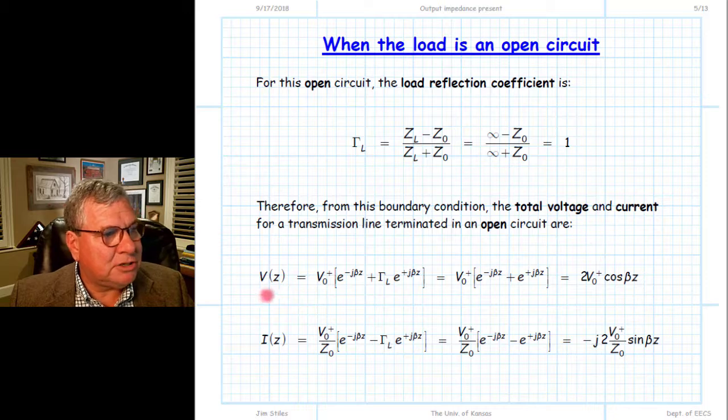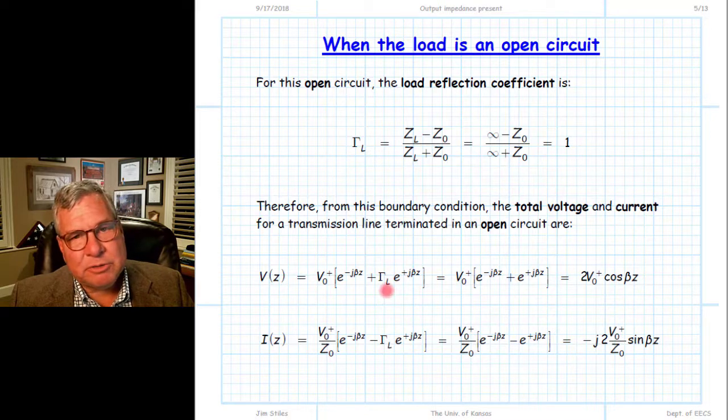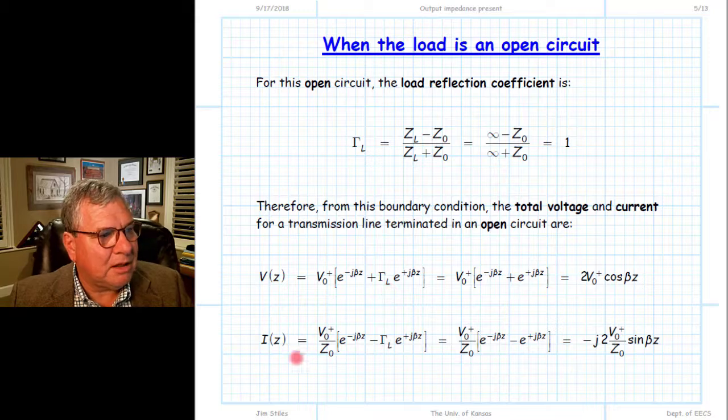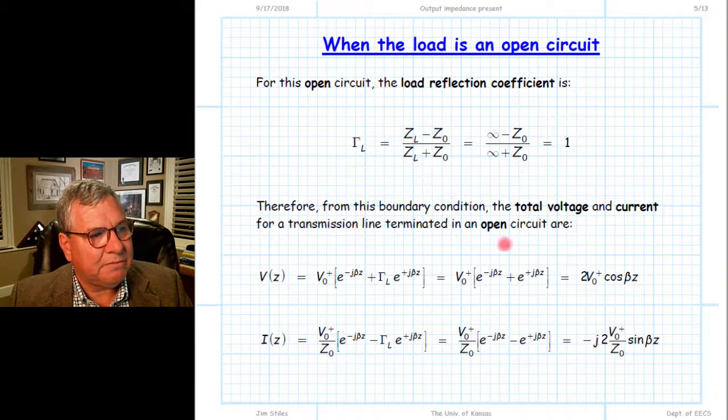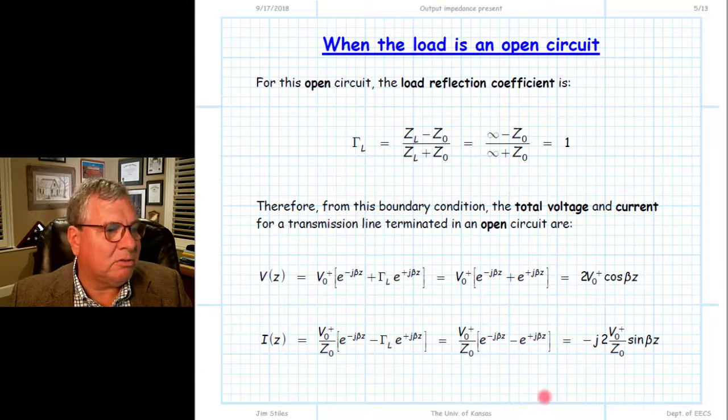So we can insert that into our solutions for the total voltage of a terminated transmission line, where the transmission line is terminated now in a load reflection coefficient of gamma L. Likewise for total current in terms of gamma L. Gamma L is equal to 1 here, and so this is the result we get for voltage, total voltage, and total current.